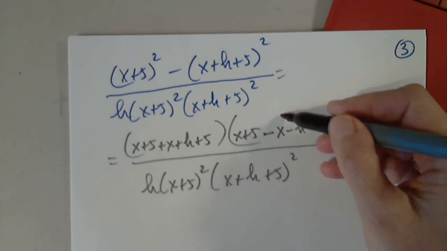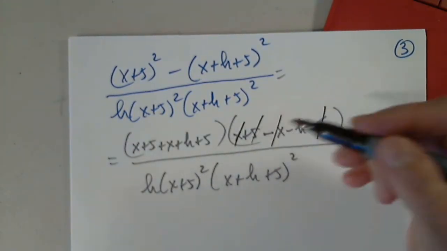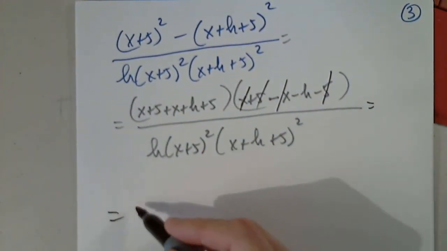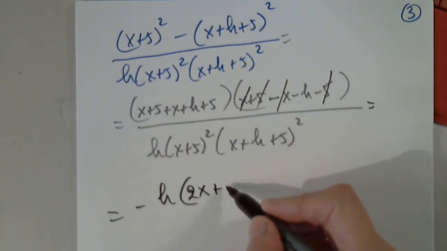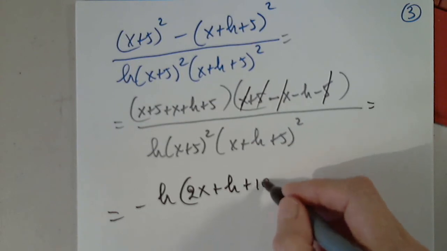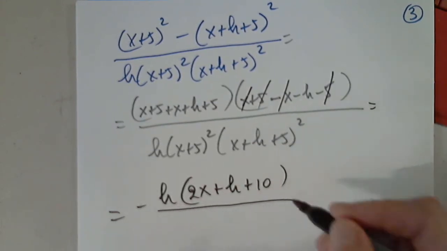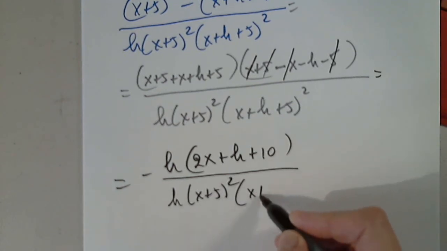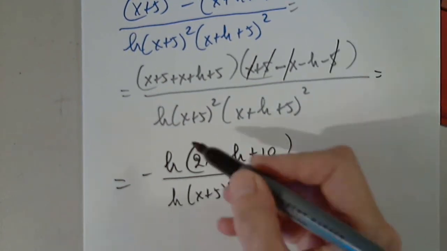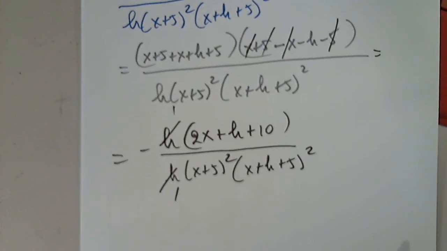These two will go away. These two will go away. The negative h is in front. 2x plus h plus 10, everything divided by h, x plus 5 squared, x plus h plus 5 squared, and you're done.